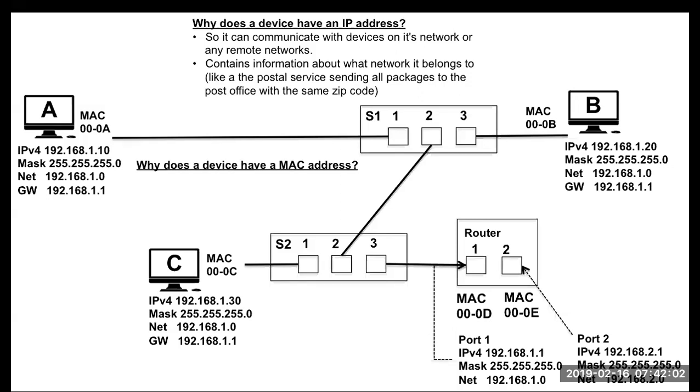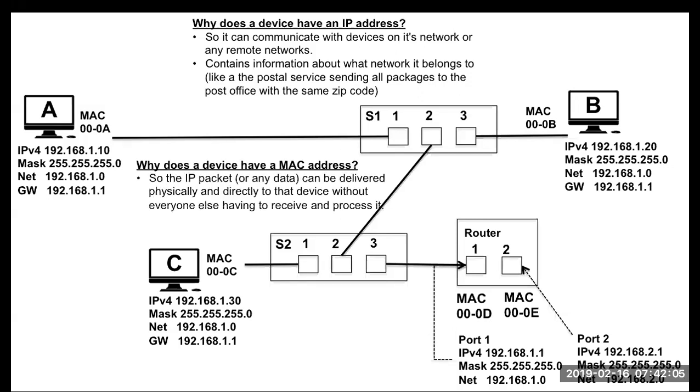So why does the device have a MAC address then? Well, remember that Ethernet is a layer 2 data link technology, which is for NIC card to NIC card communications on a multi-access network. What I mean by that is that there might be more than one device on that network. It's like having multiple people in the same room. Who are you sending this message to?